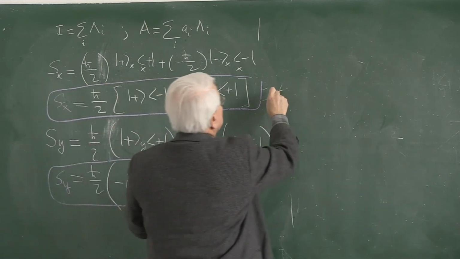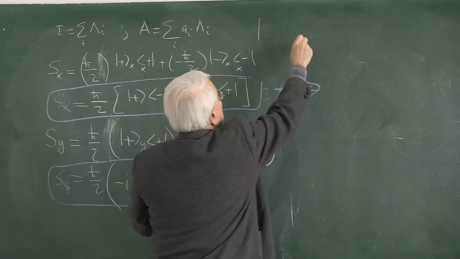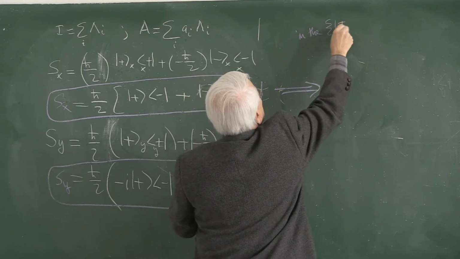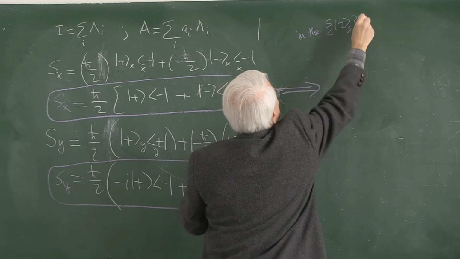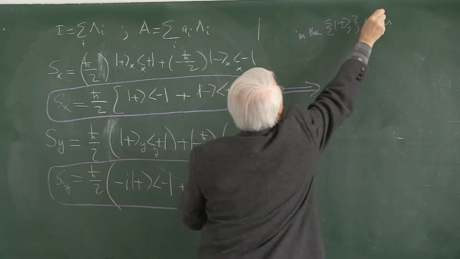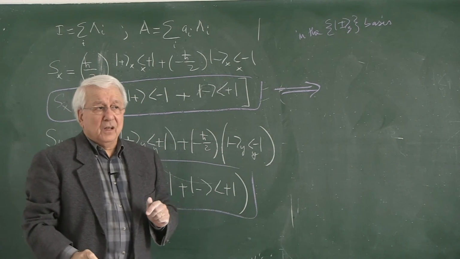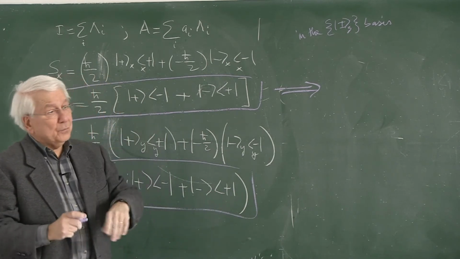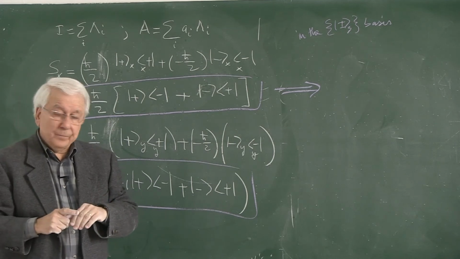I will now write the matrix representation in the z basis. That's our default basis, and Sz is represented in that basis, and the plus minus z's are represented as 1, 0 and 0, 1, remember?